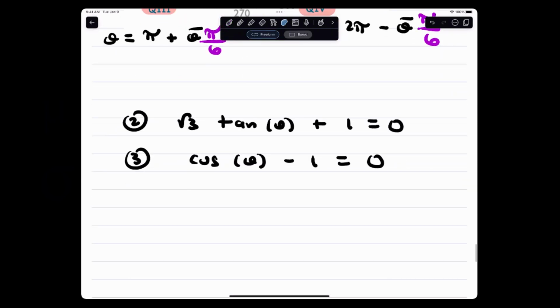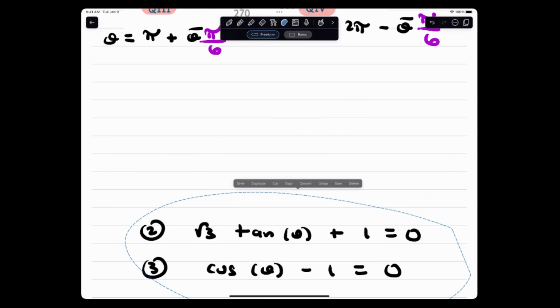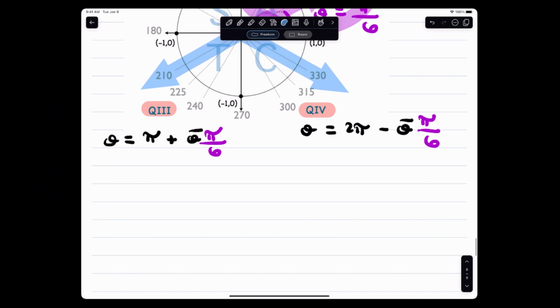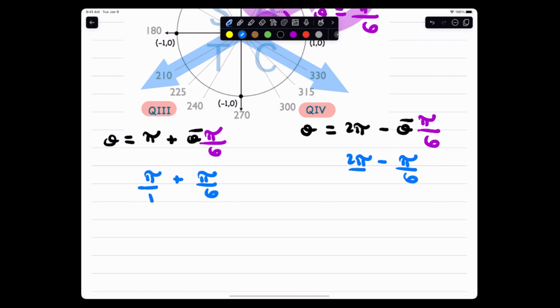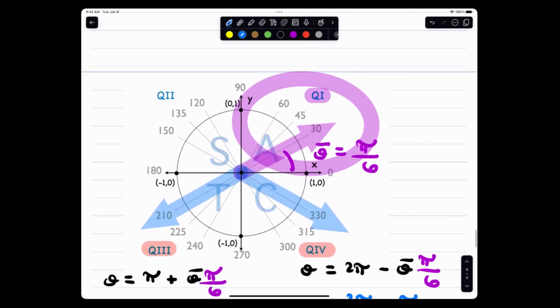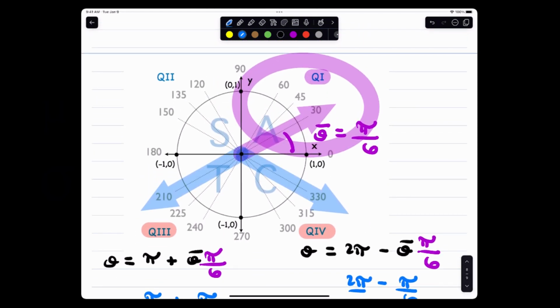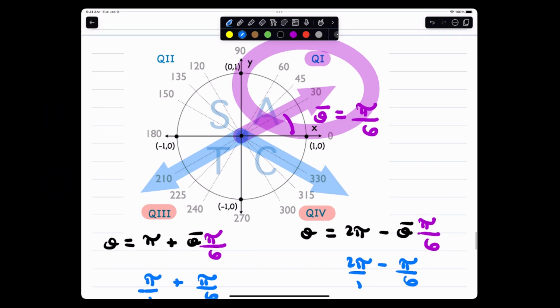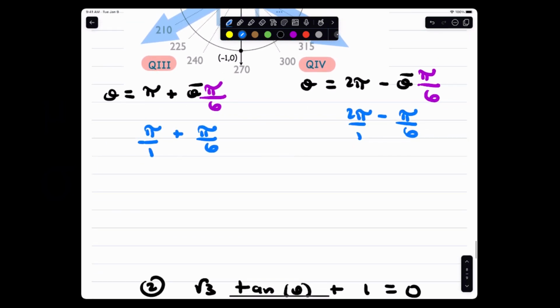So now you're going to do your arithmetic. You take pi plus pi over 6, and you take 2 pi minus pi over 6. Do you guys remember how to do that arithmetic? You remember we were working on finding exact values. So what do we do with the first calculation?